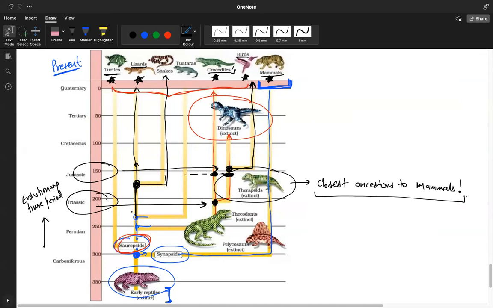The earliest invertebrates, which are multicellular animals, evolved around 500 million years ago. You can see that this graph only goes as early as 350 million years ago, right? Not before that. Is it clear? Yes, sir. So that's where the earliest invertebrates are.